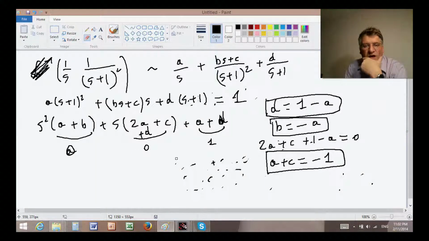Okay, so let's first check that everything we did is correct. So this is A times S plus 1. This is BS plus C times S, yes. And this term, when we reduce to the same denominator, is D times S plus 1 times, aha, we made a mistake here. Is it times S?